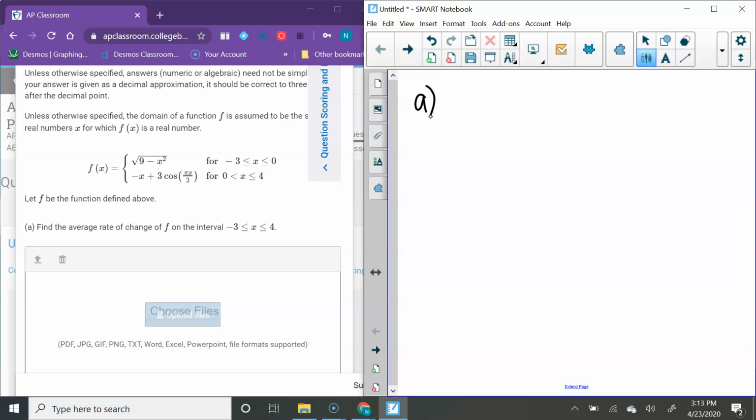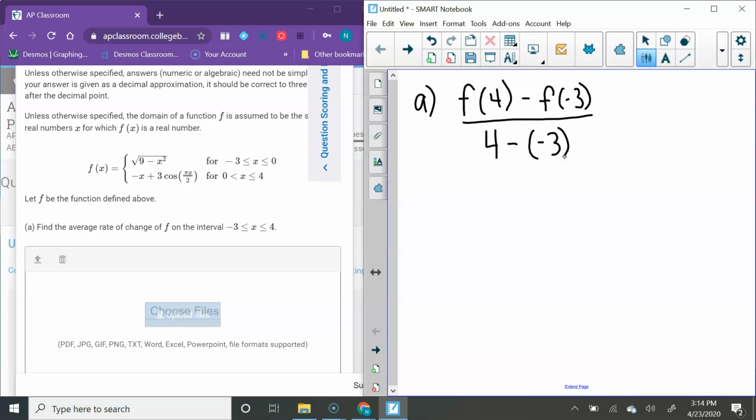That's what we're looking for. And the slope formula is just y2 minus y1 over x2 minus x1. So in this case, you would do f of 4 minus f of -3 all over 4 minus -3.